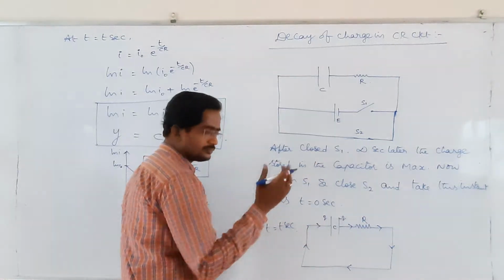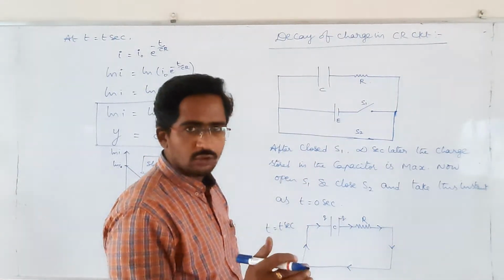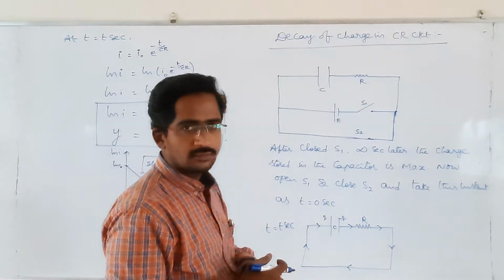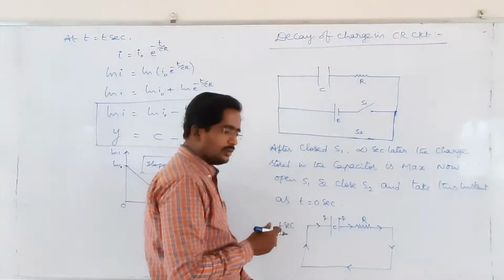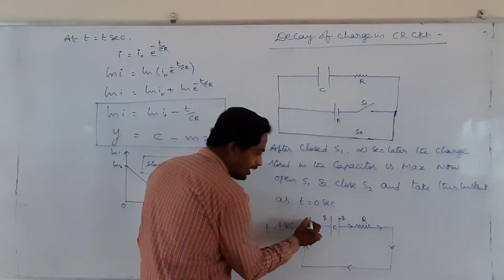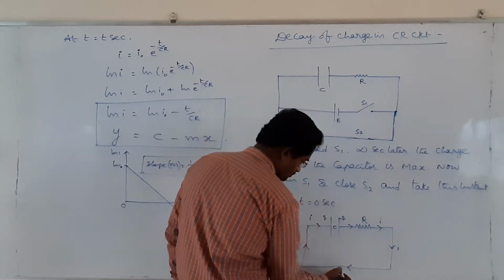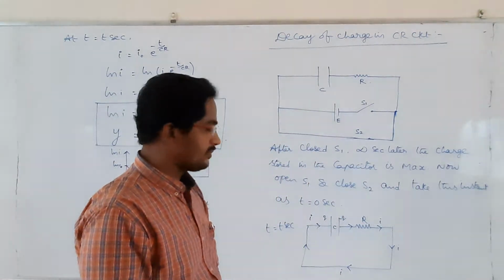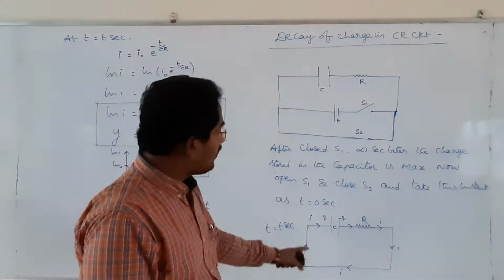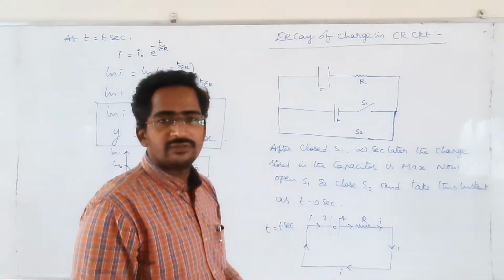The charge decreased, so it became q from q naught. And at that moment the current value is I. So now we want to get the current value by applying Kirchhoff's second law.